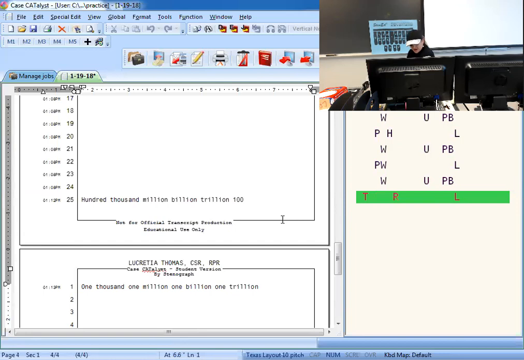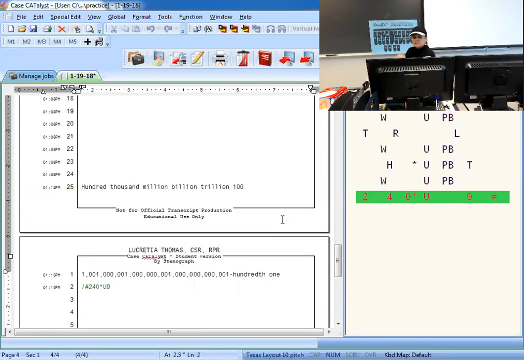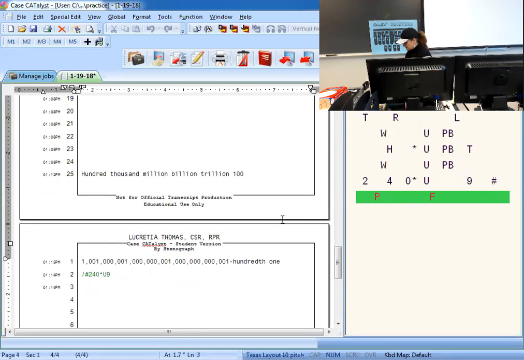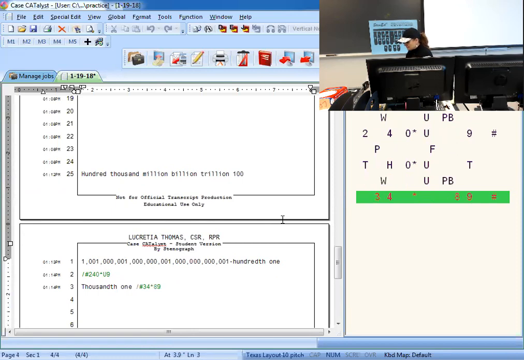So for 100th, you're going to write WUNHUN. For 100th, you add the T asterisk for the TH. 1,000th, you're going to write WUNTHOU with the T asterisk for the 1,000th. THOU asterisk, okay? You've got 1 millionth. WUN, million is ML, put the T asterisk for the millionth.